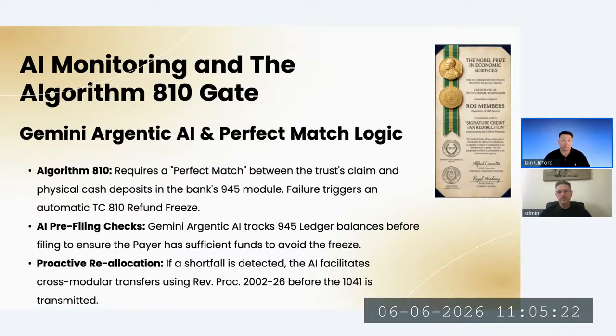And basically, without going into a lot of detail, in order to redirect the taxes from the investment banks' 945 tax modules, so remember, they've already paid this tax, and we're now going to redirect it from the United States Treasury to the Foreign Grantor Trust, we have to make sure that there's enough tax paid on the 945 tax modules that equals the amount of tax that we're trying to redirect. If there isn't, then something really critically important happens.